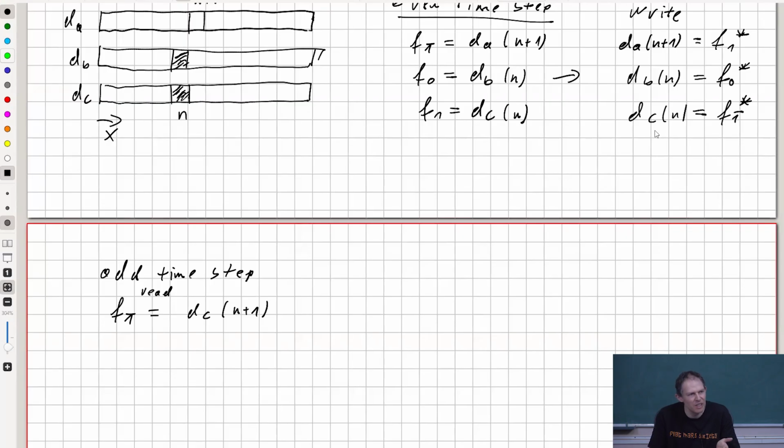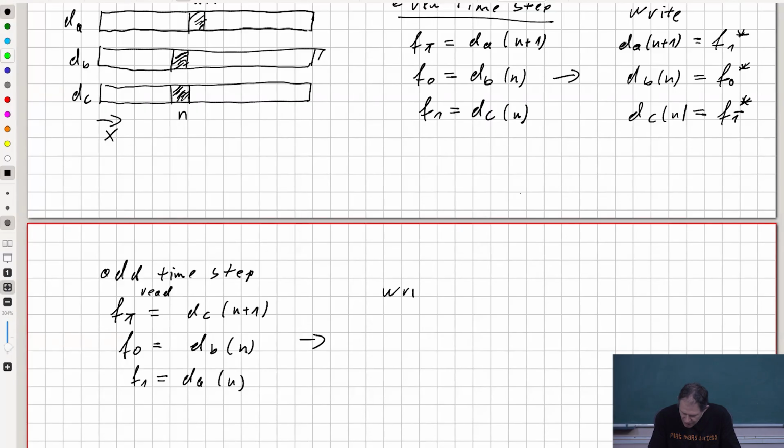So we have to read it from dC again, and we read it again at the neighbor further away. Right, the f0, there's no change. This is always dB N, and f1 we wrote as dA N, so we read it as dA N.